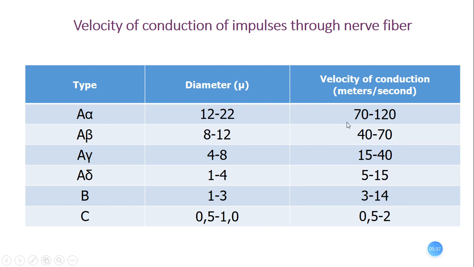And again we have motor neurons, classified into A alpha, and then we have A beta. It normally receives impulses from the Golgi tendon organs, and again A gamma receives from the ventral gray horn.